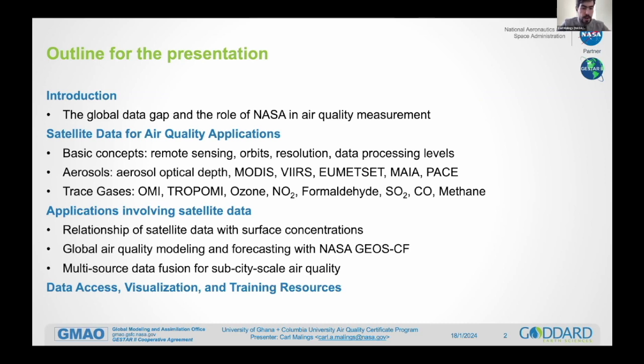And then I'll talk about different methods of combining all these different information sources together to get a better understanding of air quality. And finally, I'll finish off with just briefly introducing some data access and visualization resources available from NASA, as well as sources for additional information and future training if you want to go more in depth into these topics on your own.